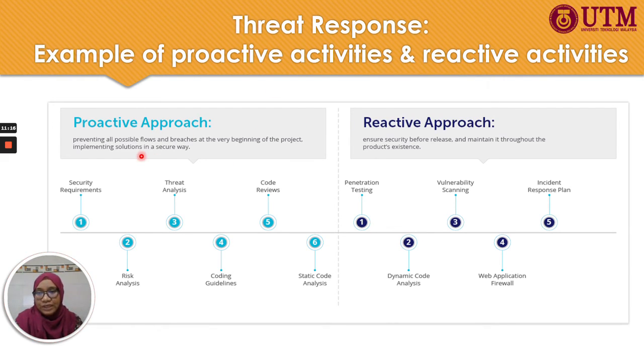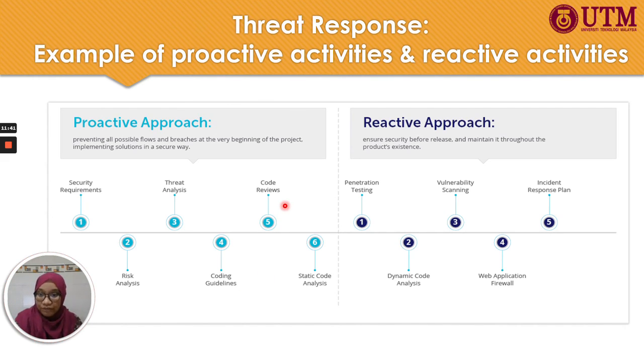Okay, so this is some example of the threat response. If we consider it as proactive, it means you set up the security requirements, you perform the risk analysis, you do the threat analysis, you do the coding guideline, meaning that for any software code that you write, you set a guideline. The programmer shouldn't simply write according to what they like, because there is a secure practice of software development.